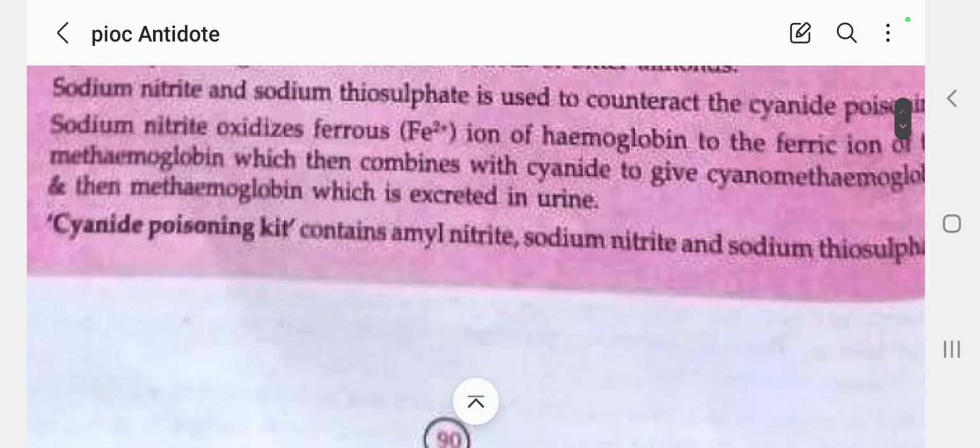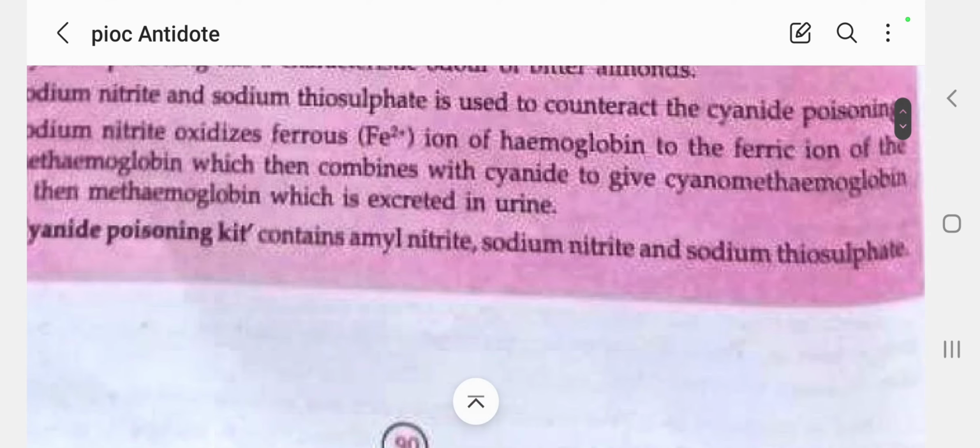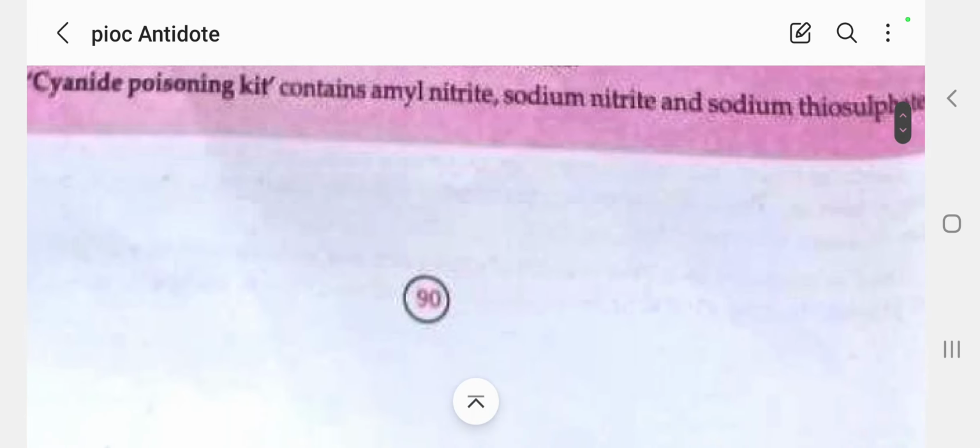One more thing: the cyanide poisoning kit is available in the market, and it contains three major inorganic substances: amyl nitrite, sodium nitrite and sodium thiosulfate.